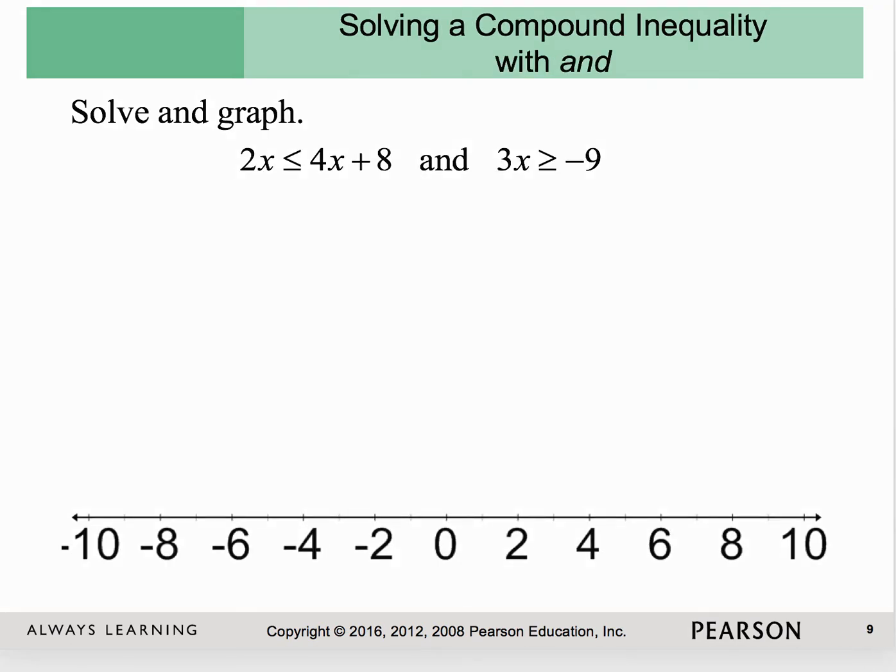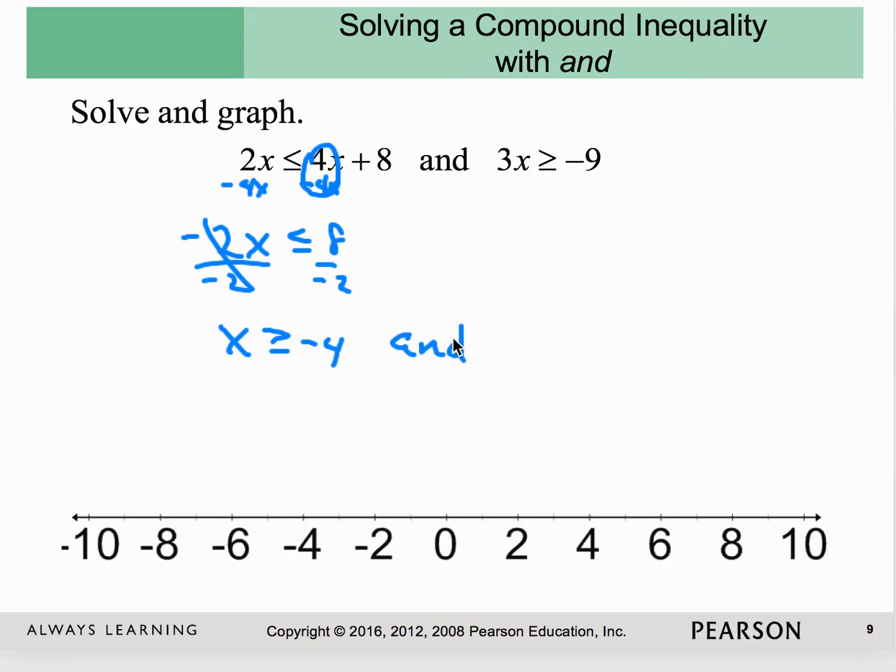Okay, let's try it again. Subtract 4x from both sides. I don't know why it changed colors. Well, obviously I accidentally hit something, but doesn't matter, does it? Negative 2x less than or equal to 8. Now careful, multiplying or dividing by a negative, right, changes the sign of the inequality.